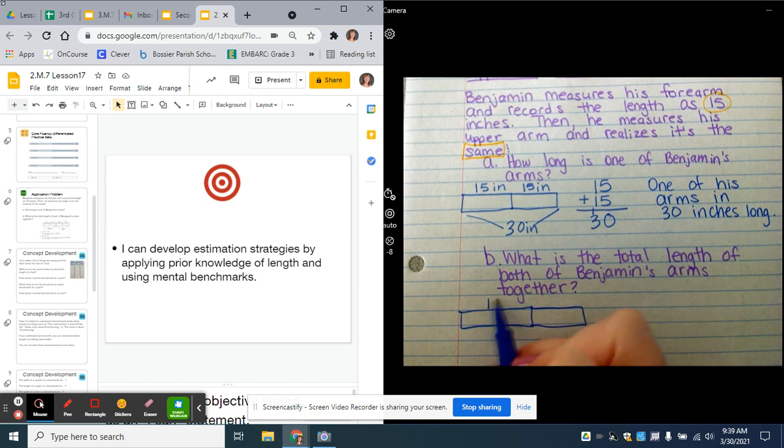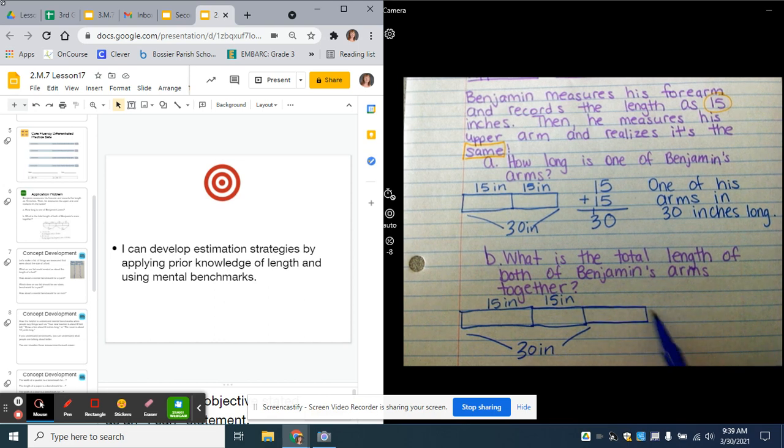So we had 15 inches here, 15 inches here, and we already said that was 30. And if I did another arm, do another tape diagram and another one, that's double. 15 inches plus 15, I already know is 30 because I've already done that before.